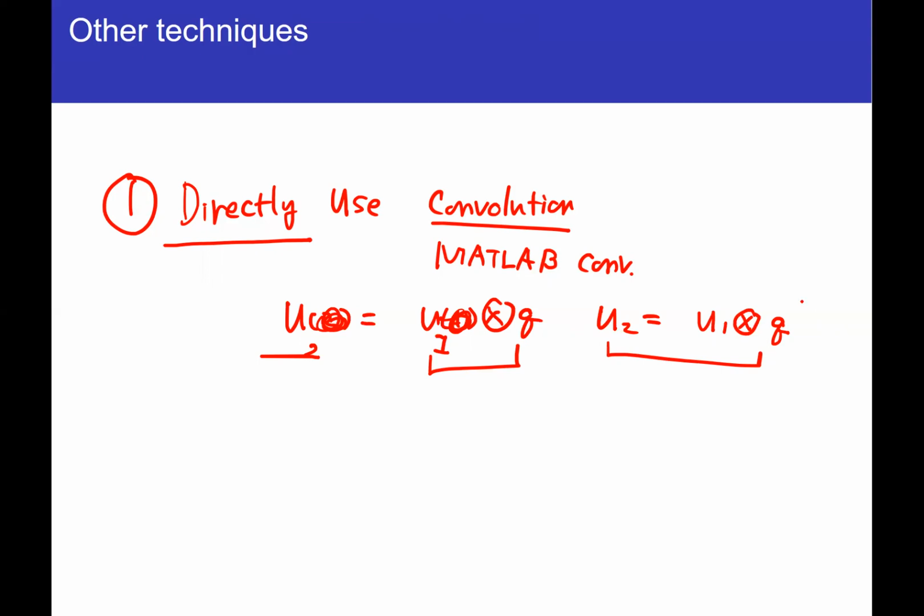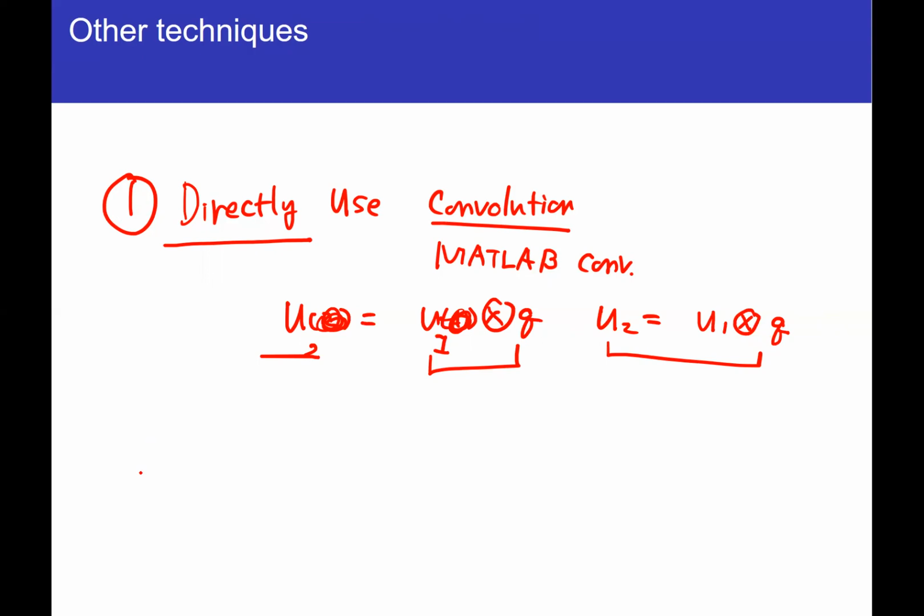And of course, Q is the quadratic phase, so you can just decompose it into the real part and the imaginary part, okay? And then you do the convolution for each of them, and then get the absolute scale for the U2, and then you can get the result, okay?